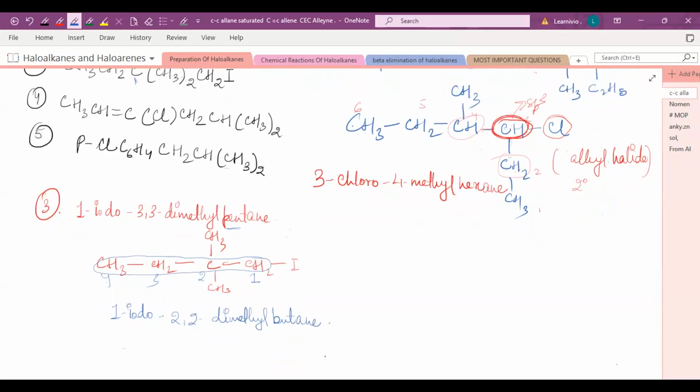Which type of alkyl halide is it? It's an alkyl halide, we know that because iodine is attached to sp3 hybridized carbon, right? But what is the degree of alkyl halide? Tell me.